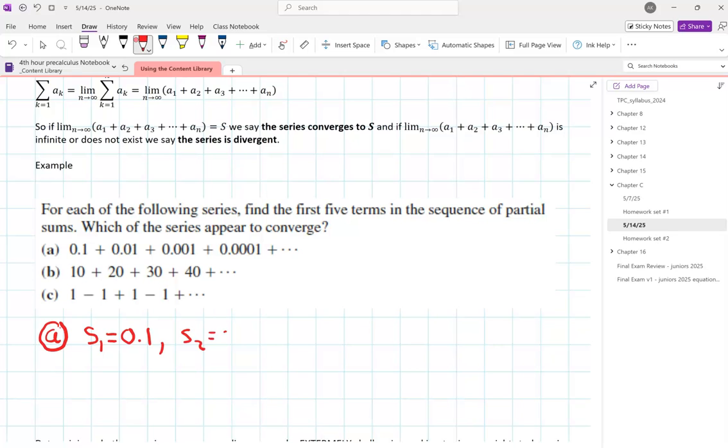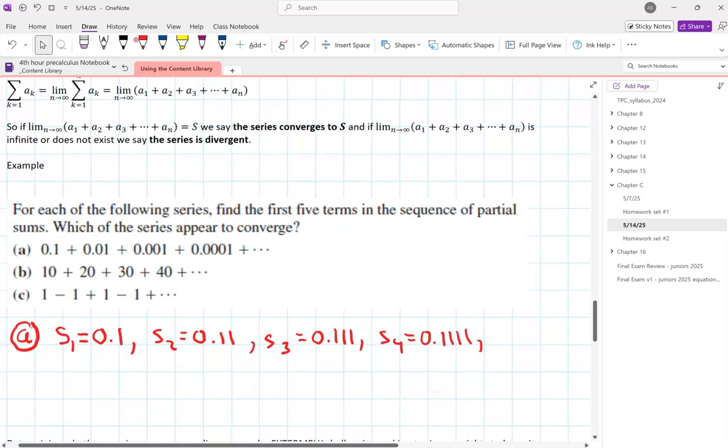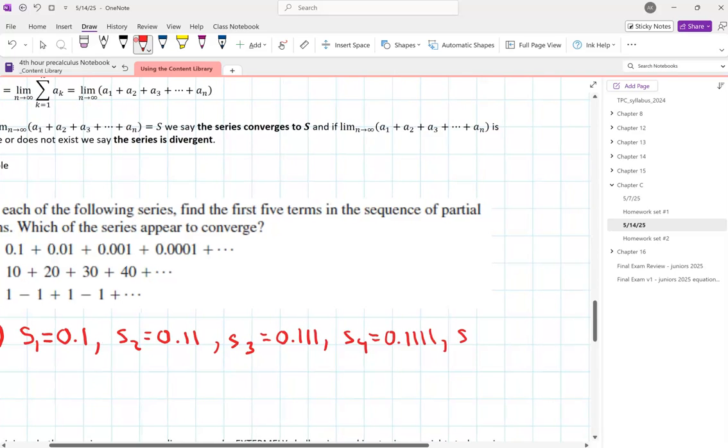The second partial sum is the sum of the first 2 terms. The third partial sum is the sum of the first 3 terms. The fourth partial sum is the sum of the first 4 terms. And then the fifth partial sum is the sum of the first 5 terms.